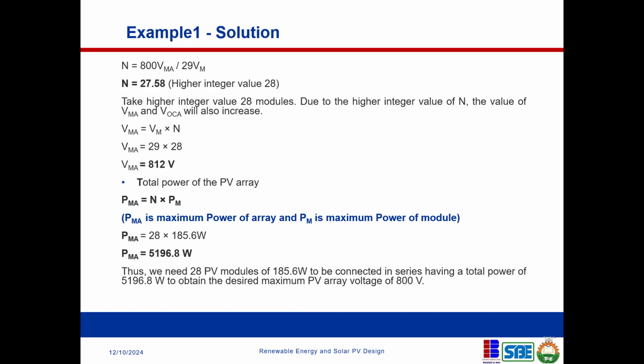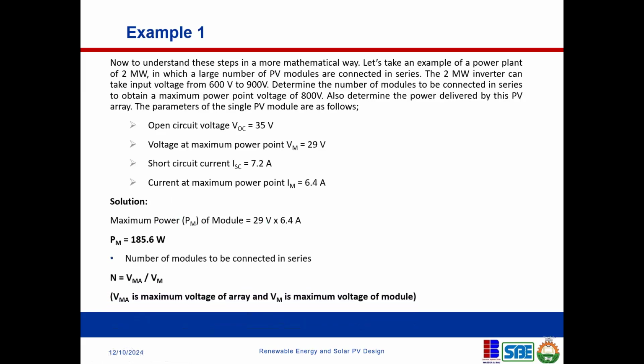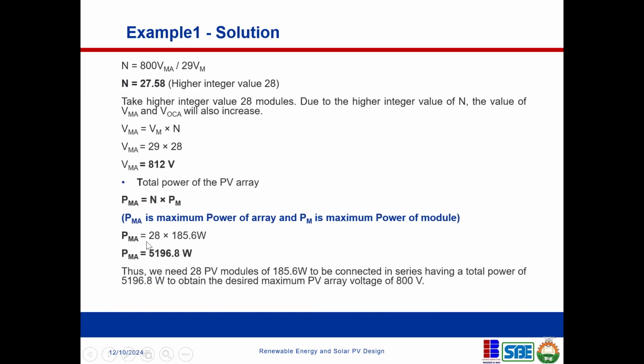Now the total power of the PV array. We also asked to calculate the total power that can come out from this PV array. The total power will be the number of PV modules times the MPP, the maximum power point output power of an individual module, which we have established to be 185.6.